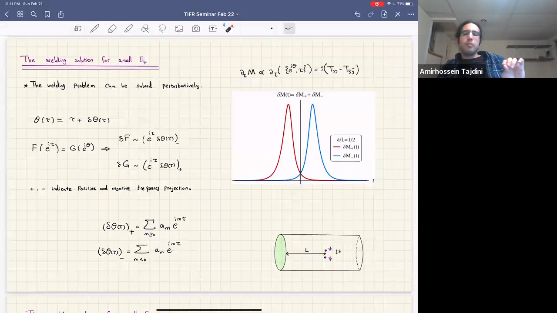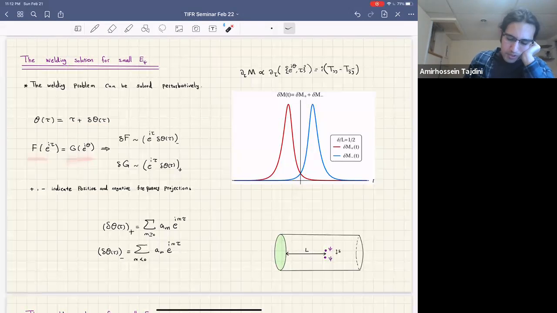For example, if the energy that you're sending into the black hole is very small, then we can solve this because this profile theta of tau will have some deviation from the trivial solution, which is just the eternal black hole. You can just use this equation and solve them.